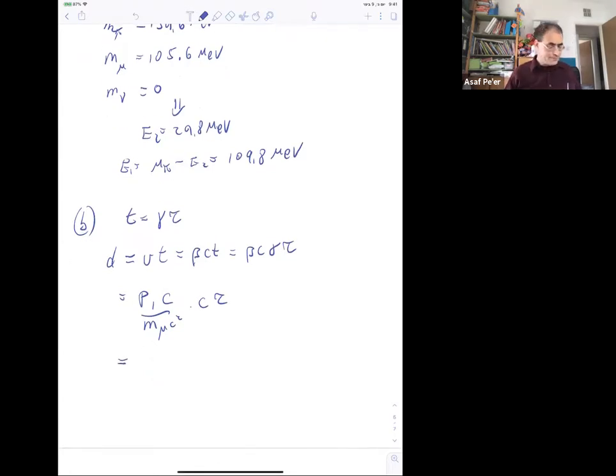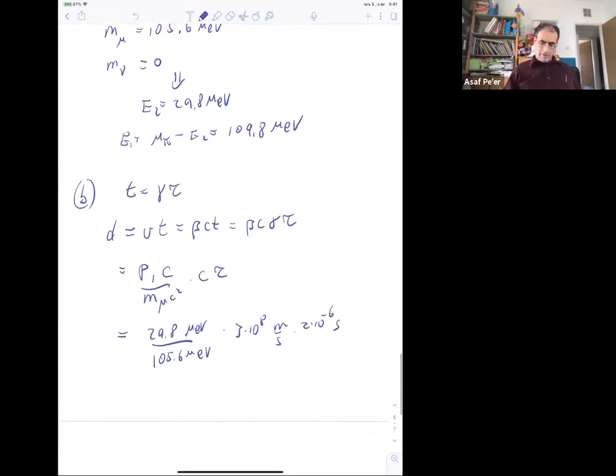This is just 29.8 MeV divided by 105.6 MeV times C tau. So this is the actual unit that we need. So this is 3 times 10 to the 8 meters per second, and this is 2 times 10 to the minus 6 seconds. So it gives us 170 meters.